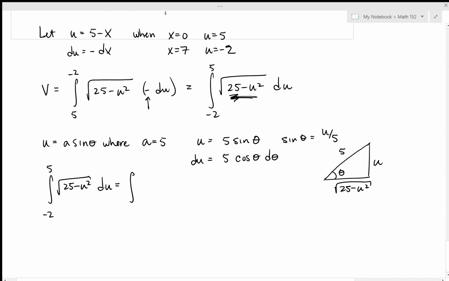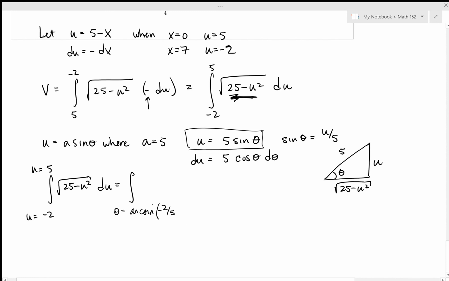Now, what do I do with the limits of integration? This is u equals minus 2. This is u equals 5. So I'm working under this substitution here, u equals 5 sine theta. So the lower limit is theta equals the arc sine of minus 2/5.